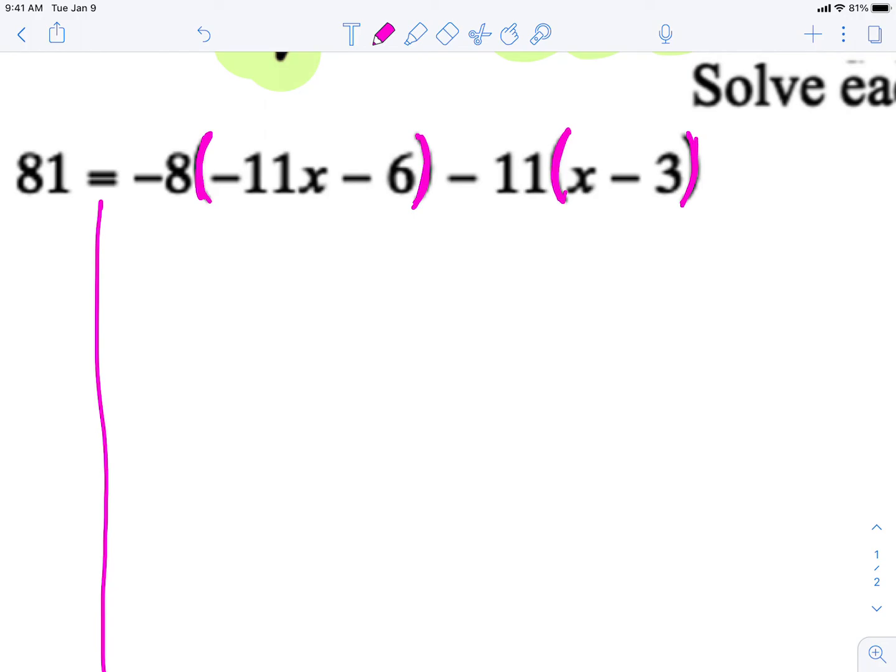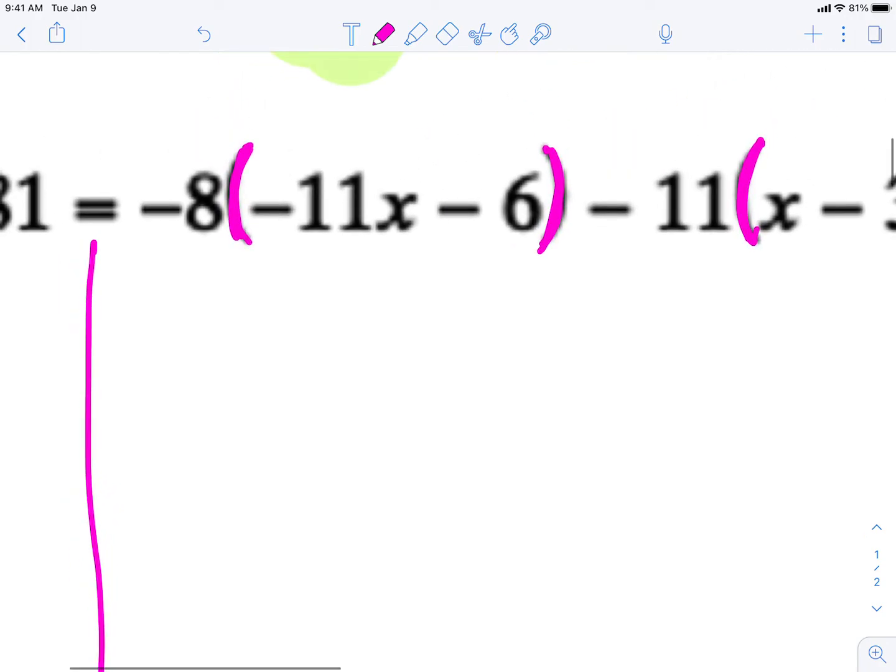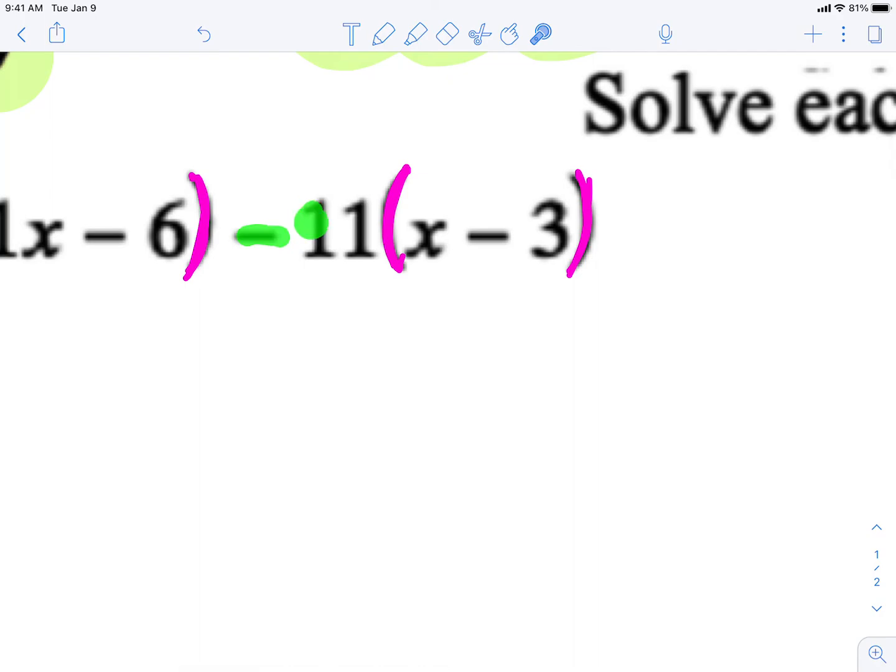Two sets of parentheses. And we remember that parentheses means multiply, right? So we look to the left of the parentheses. So this -8 belongs to this parentheses, and this -11 belongs to this parentheses, right?